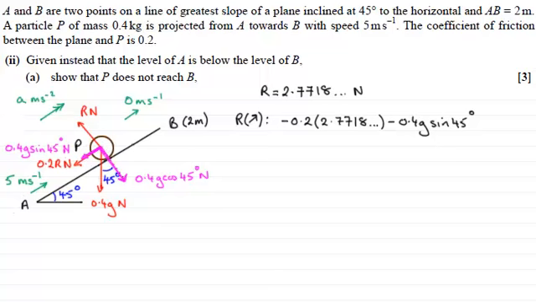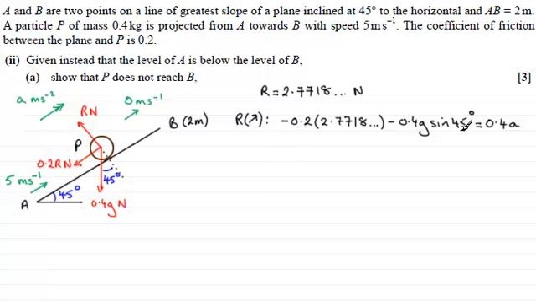So let's take those components away, because normally I don't put them on, I just imagine them. Then we've got this resultant force equals the mass times the acceleration. Well, the mass is 0.4 kilograms, so we've got 0.4, and we need to multiply that with a, the acceleration.